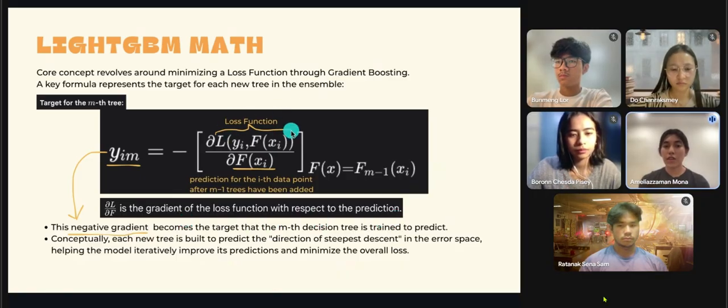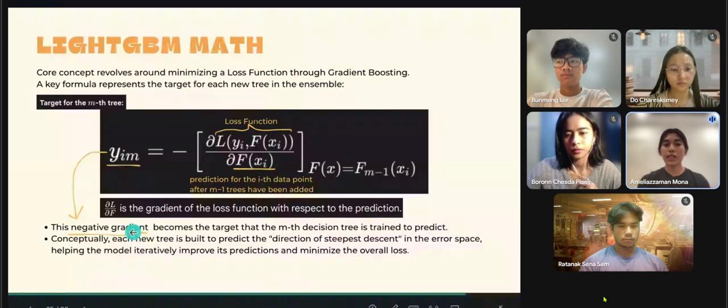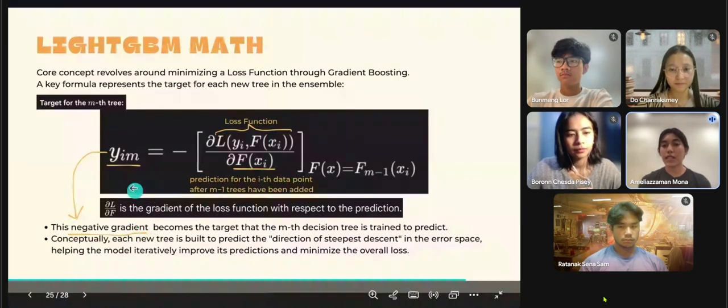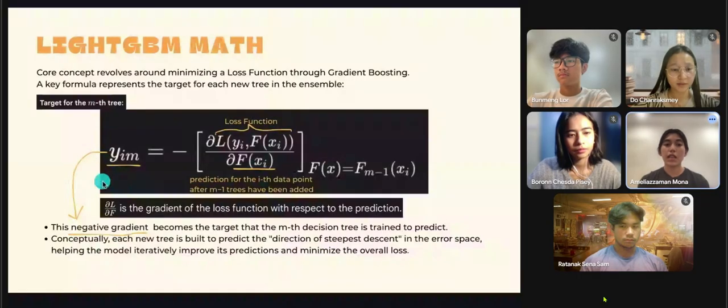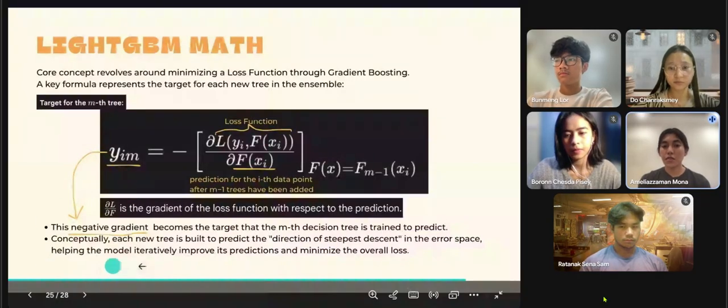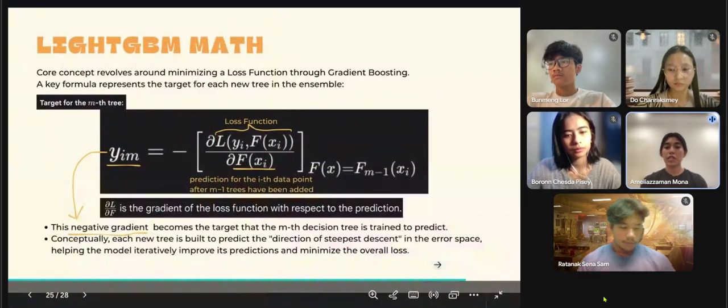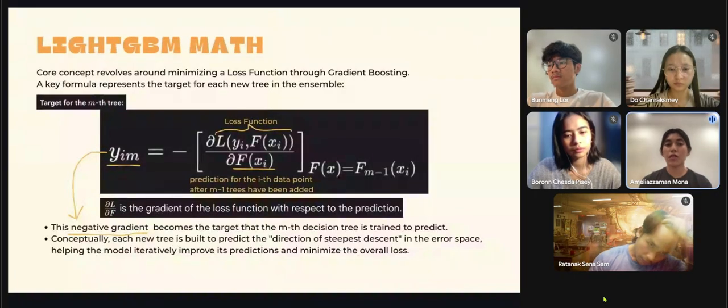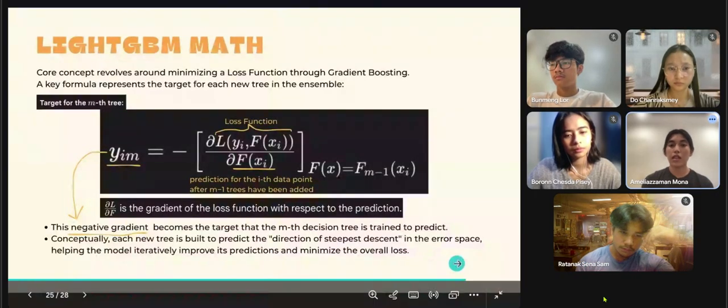So this is the loss function, and this is the prediction for the data point after the m minus 1 trees have been added. And this negative gradient becomes the target that the M-th decision tree is trying to predict. Conceptually, each new tree is built to predict the direction of the steepest descent in the error space, helping the model iteratively improve its prediction and minimize overall loss.